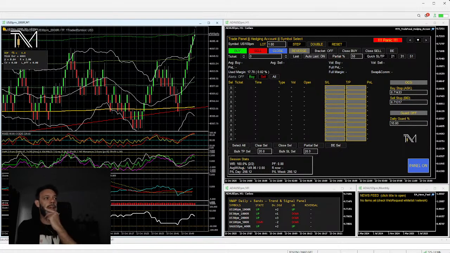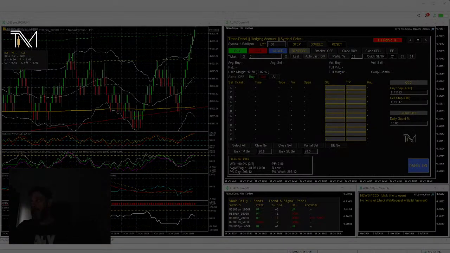So tomorrow I will have the right settings on my software, and everything will be nice and easy.